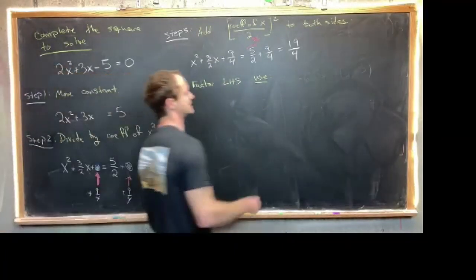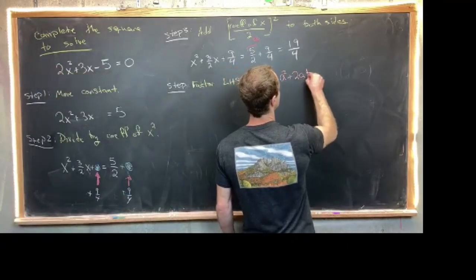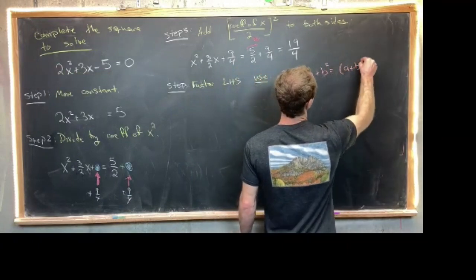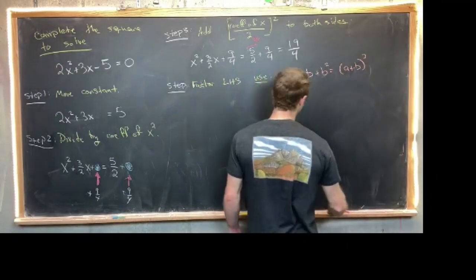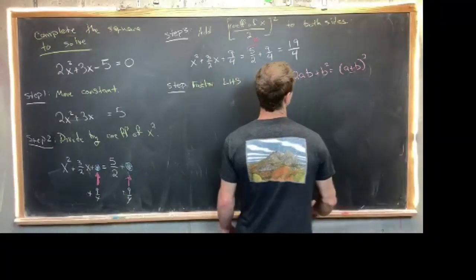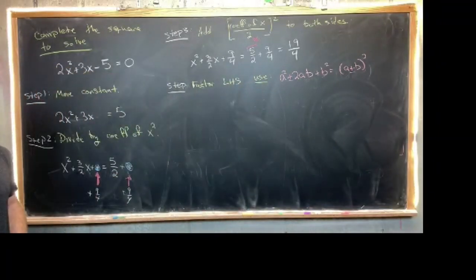In other words, it's going to look like this. A squared plus 2ab plus b squared equals a plus b quantity squared. And I should say this is really a plus or minus 2b. AB plus b squared is a plus or minus b, because you might have a minus sign there.